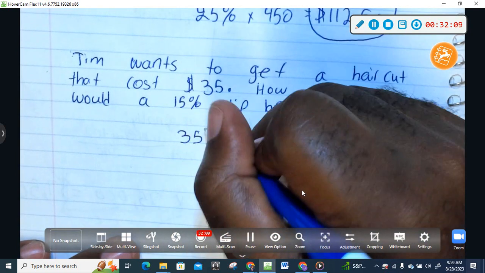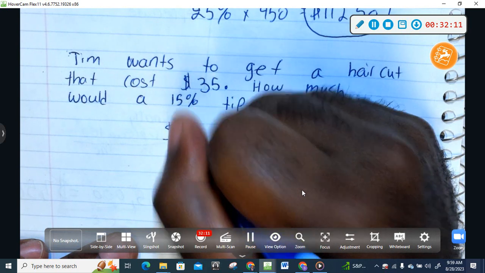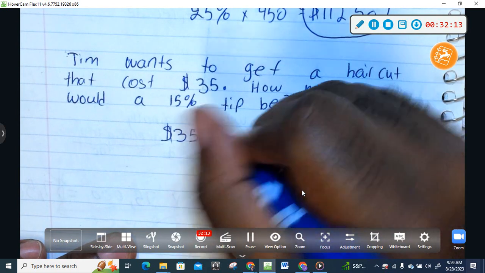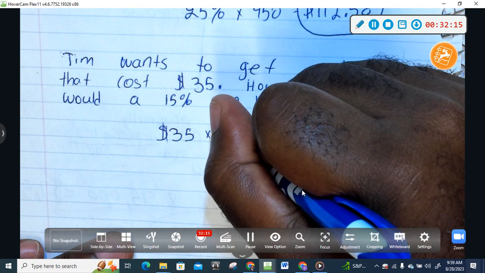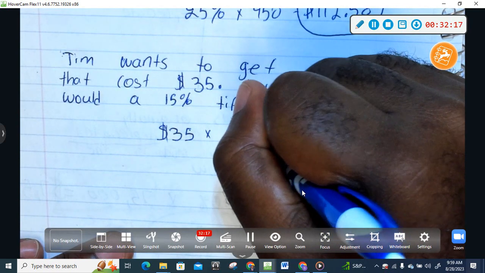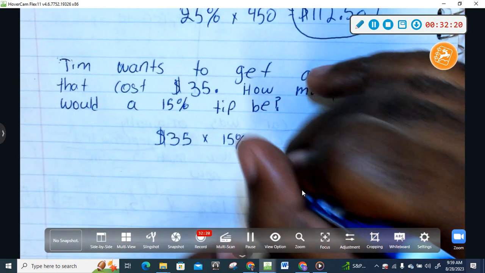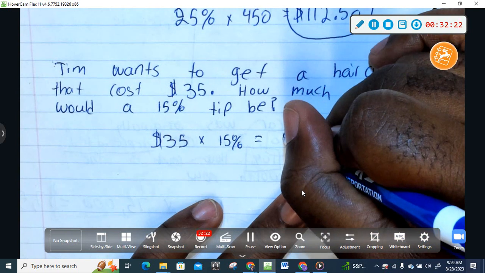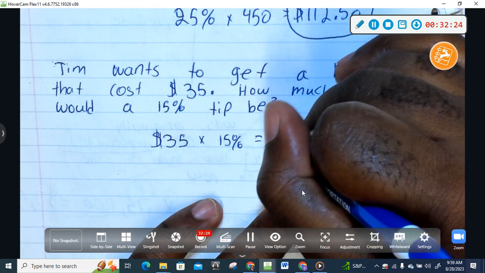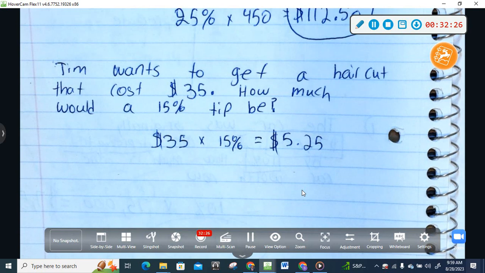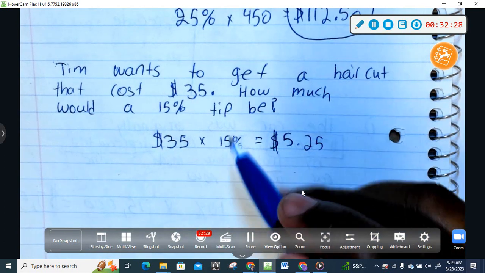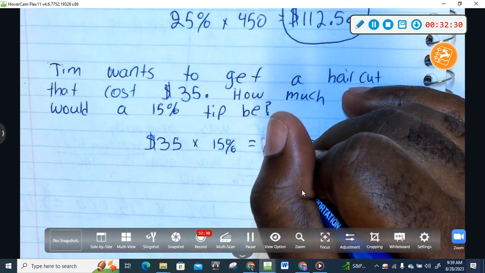Good. So I got $35 times my 15%, or the other way around, 15% times 35. You get the same thing. And I get 5.25, which is $5.25. That's my problem done. They say how much is the tip, which is this right here.